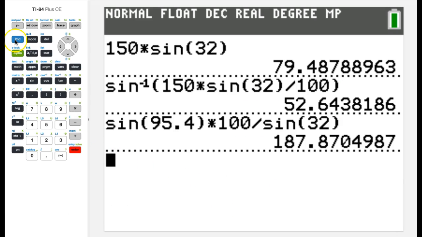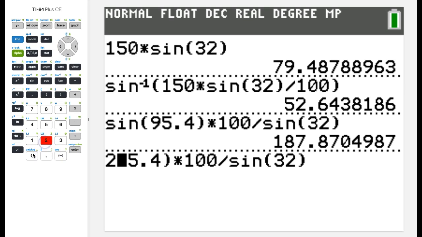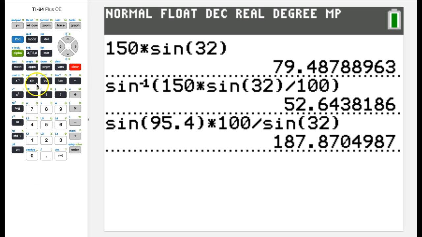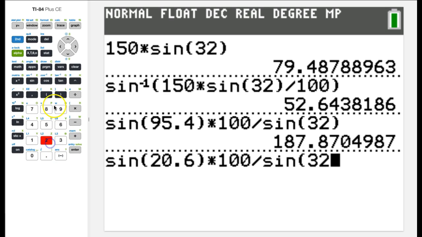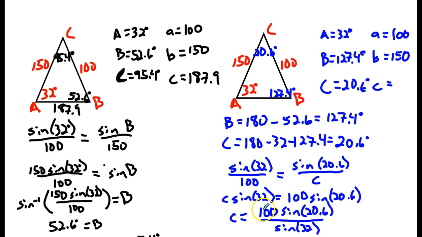This is almost the same as my last entry, except this is 20.6. Sine of 20.6 times 100 divided by sine of 32, and we get 66.4. So here, side c is 66.4.